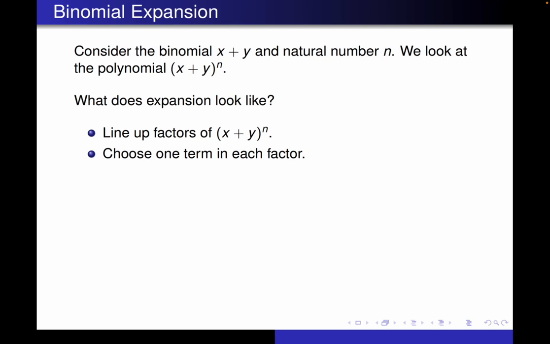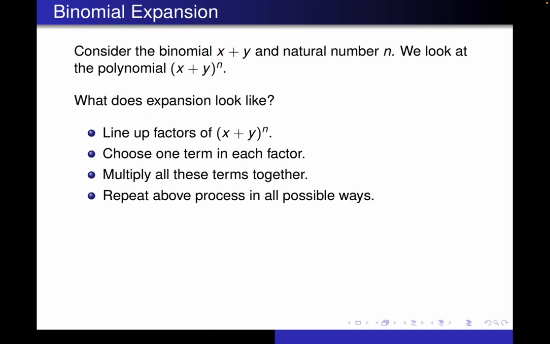You have two choices, right? You have an x and a y. Once you make those choices for each factor, you multiply those terms together. Then you do it again in all the possible ways, making sure not to do the same one twice. A lot of those terms are going to be the same, so you combine those like terms and get a more compact form.